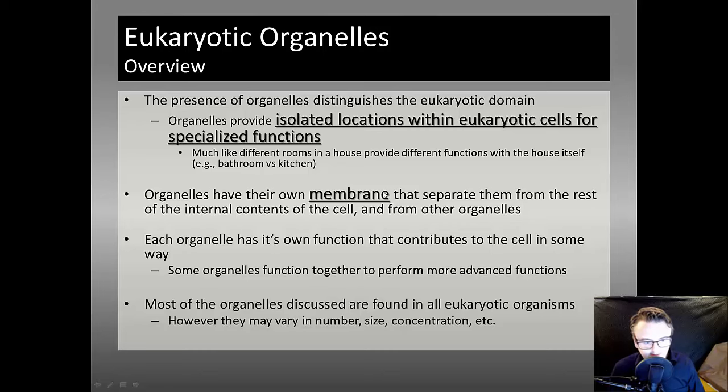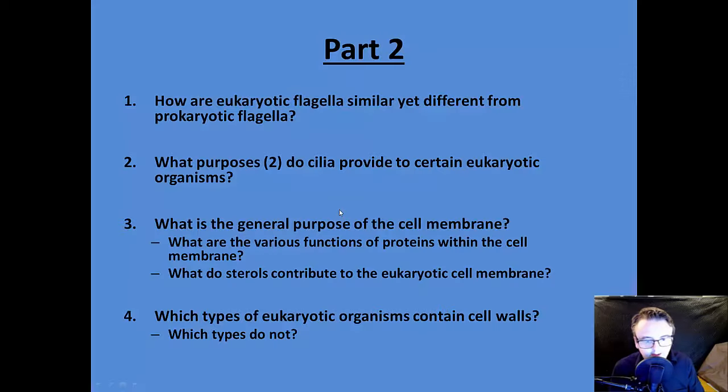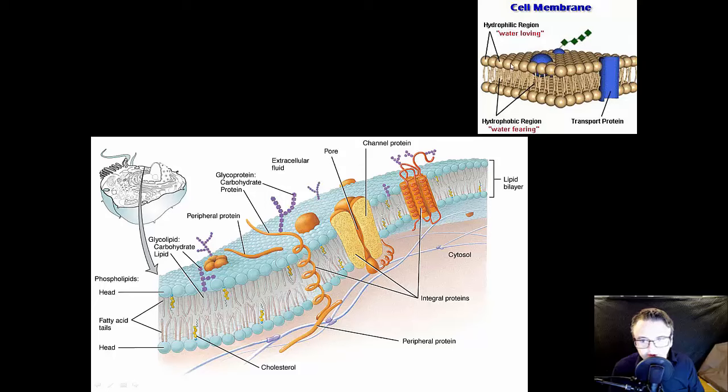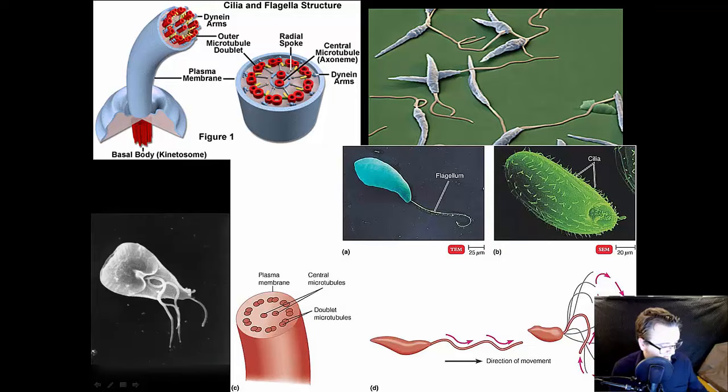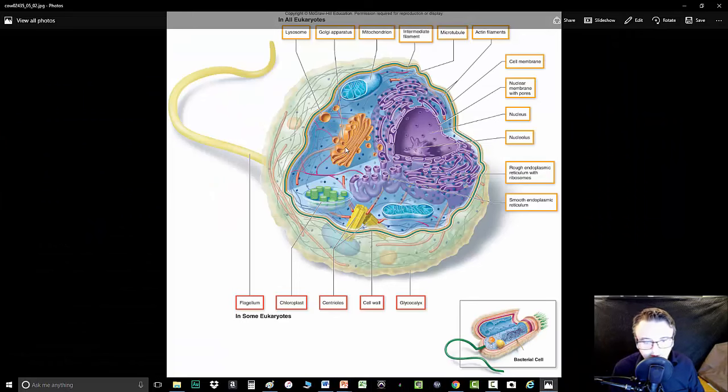Now, adding to this, organelles are partly defined by the fact that they have their own membrane. So they figuratively have their own walls within the cell. And that's made up of the cell membrane-like structure, the phospholipids. To go back just real quickly, it's very similar to this type of structure here. So within the cell, looking at this cell, each one of these structures here has their own little membrane made of the phospholipid-like content that separates it from the rest of the cell.